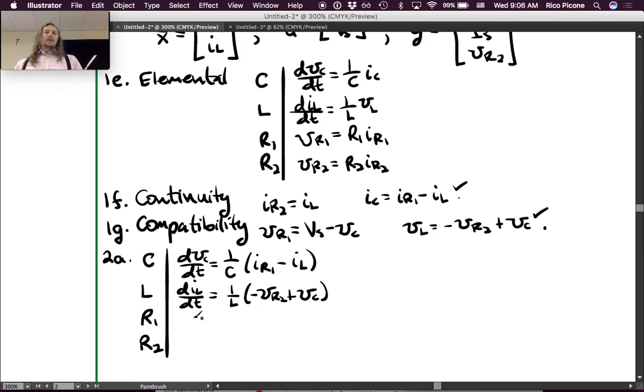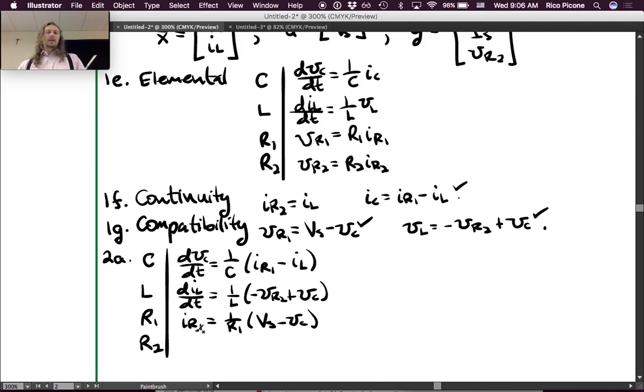Now the two resistor elemental equations. So VR1 equals R1 IR1. I'm going to eliminate VR1, so I need to solve for IR1, right? IR1 equals 1 over R1 times VR1, and VR1 is just VS minus VC from our compatibility equation, so this guy right here.